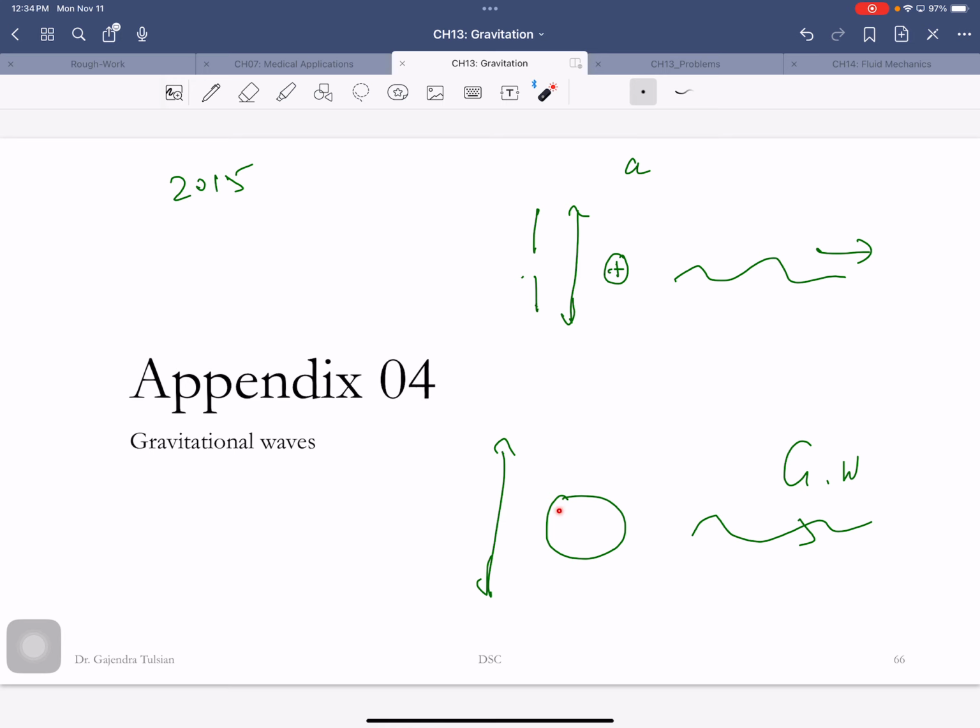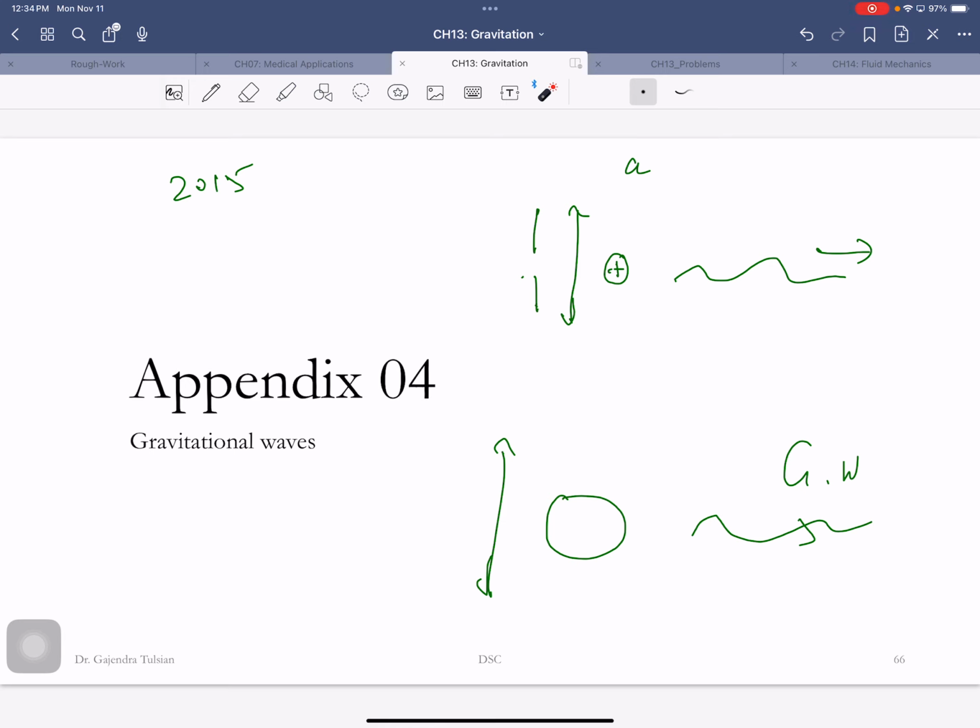To emit gravitational waves that are detectable by us, just because gravity is a very weak force, you have to make a very massive object accelerate. So, for instance, you can take this piece of chalk and make it accelerate. This is emitting gravitational waves, except that there's no way in heck you'll detect this.